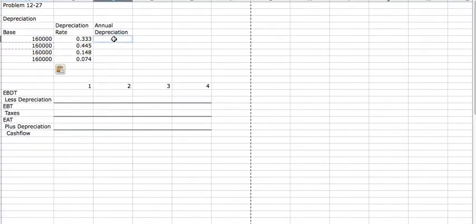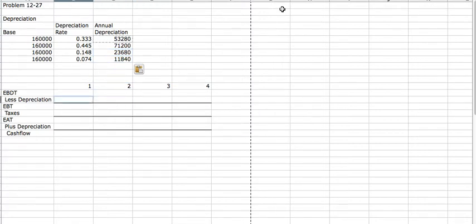And now we can calculate what annual depreciation would be just by multiplying the base times its depreciation rate for each year. And I will copy that formula down. So now we know what our annual depreciation is.